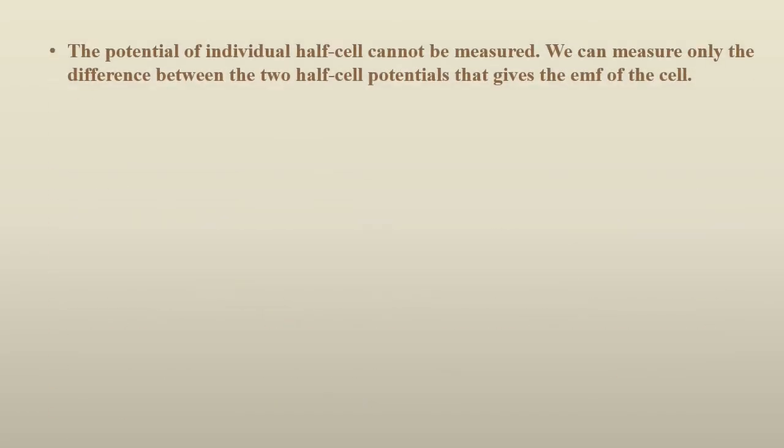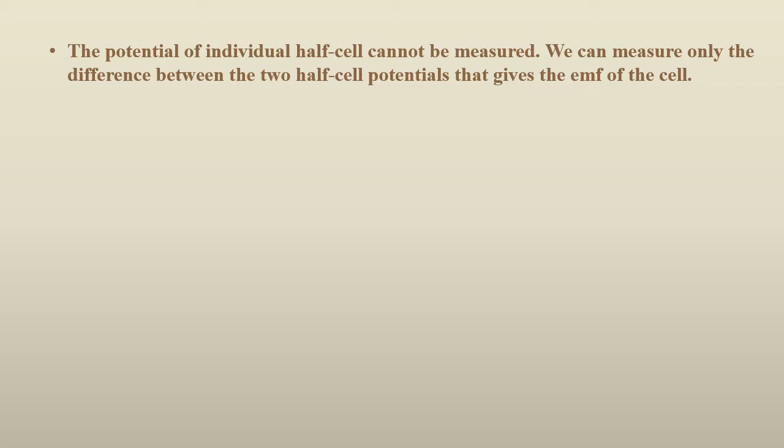Now, the potential of individual half cell. The potential of individual half cell cannot be measured because the exchange of electrons is not taking place, the chemical reaction is not taking place. So the individual half cell potential cannot be measured.